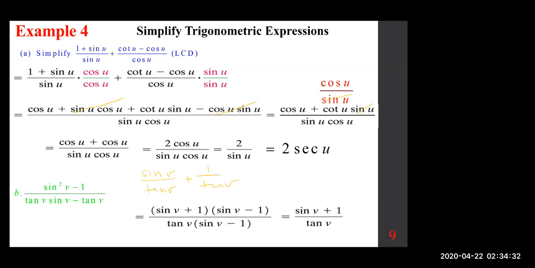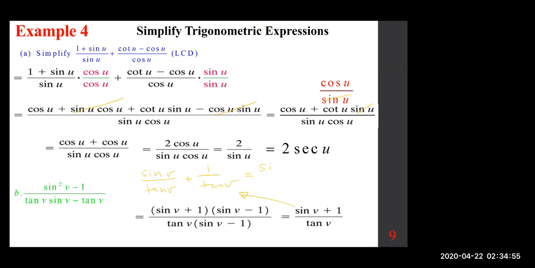In other words, if you go from here to here, you can do that, and you can establish one by one. Sine v over tan v. Let's see if we can simplify that. In other words, that's okay. Do we have to go further?